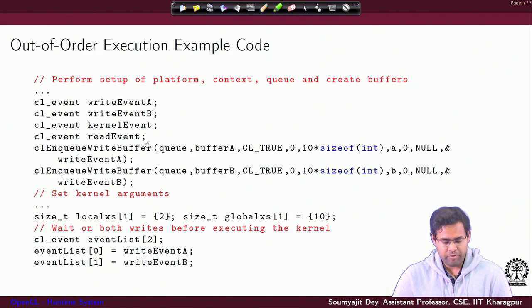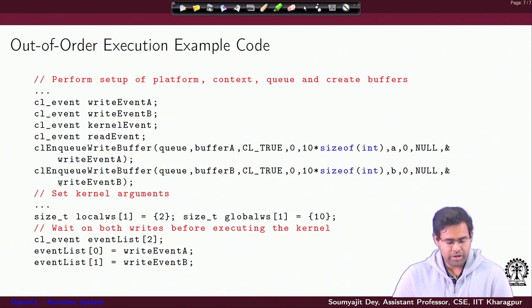So the write buffer command in a defined command queue: you are enqueuing a command to write buffer A into the device to which the command queue is attached. You have the blocking write flag, and you have the size and other specifications, and you attach an event, write event A, with this, so that the status of this command can be found from the status of this write event A OpenCL event.